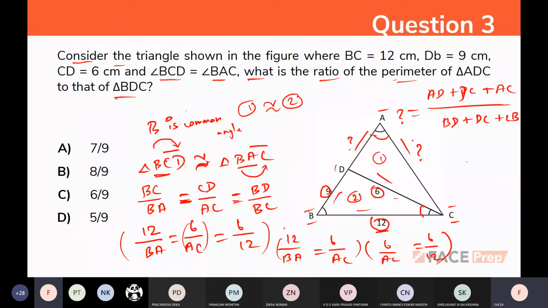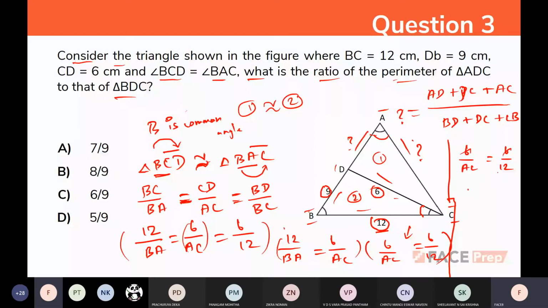So let me write it here. We can take this pair first: 6 by AC equals 6 by 12. So what will be AC? AC will be 12.